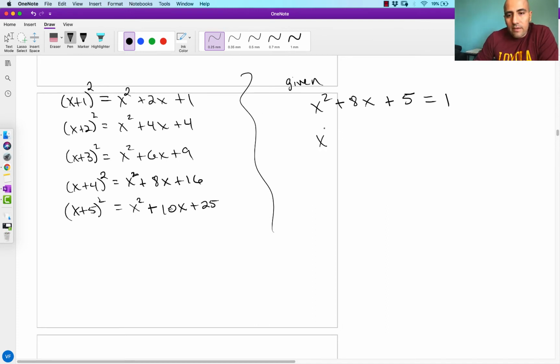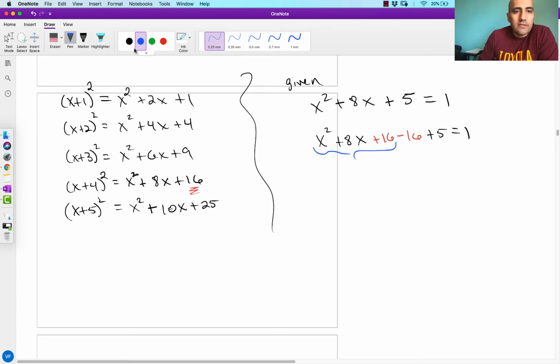I'm going to come back over here, I'm going to have my 8x, and then I'm going to introduce that special value, which in this case is going to be 16. Plus 16 minus 16, and then I'm going to put a plus 5 equals 1. This is what's going to fix it, because now I get to have a perfect square trinomial for the first 3 terms.